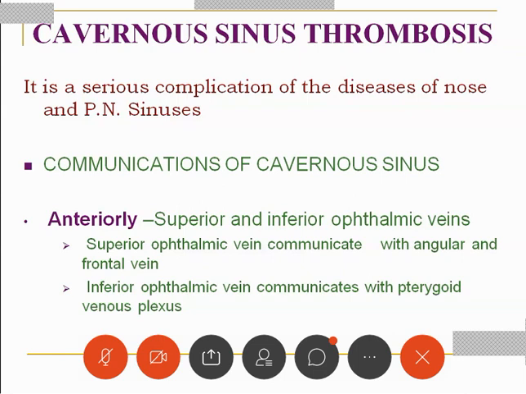I have seen patients, we have lost some patients, with an immunocompromised state complicating chronic sinusitis, this vestibulitis and facial cellulitis. So, communications of the cavernous sinuses: you have to know all the communicating tributaries and draining venous sinuses that come into it.